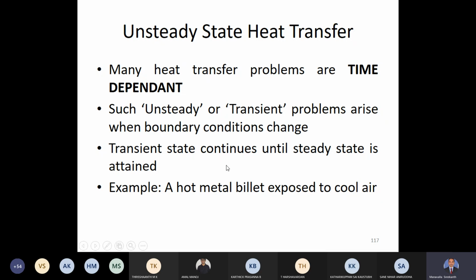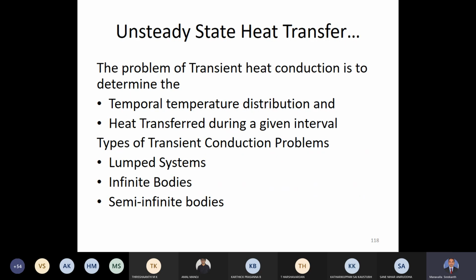For that billet to cool from 250 degrees Celsius to 30 degrees Celsius, it will take about 8 hours to completely cool down, if you are not using any fan or other external device. So this 8 hours is a transient period. The boundary conditions are changing, and because of that, we have a transient situation.